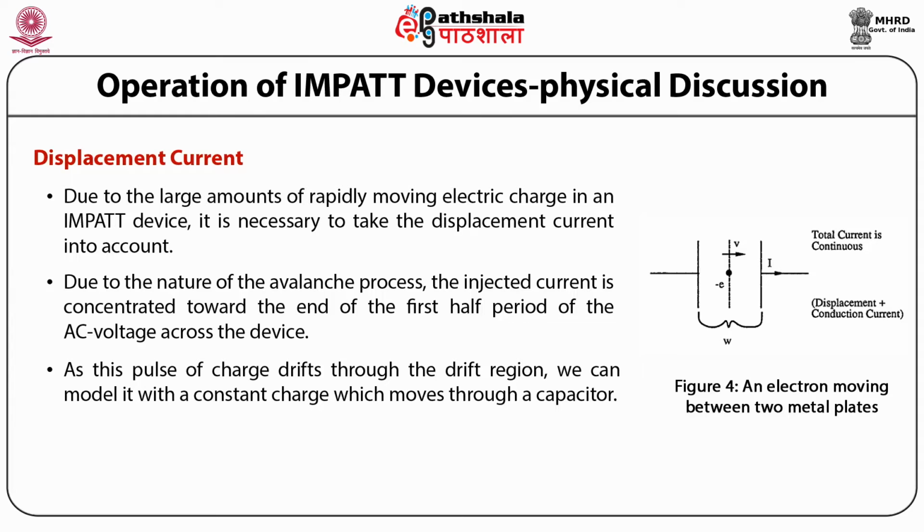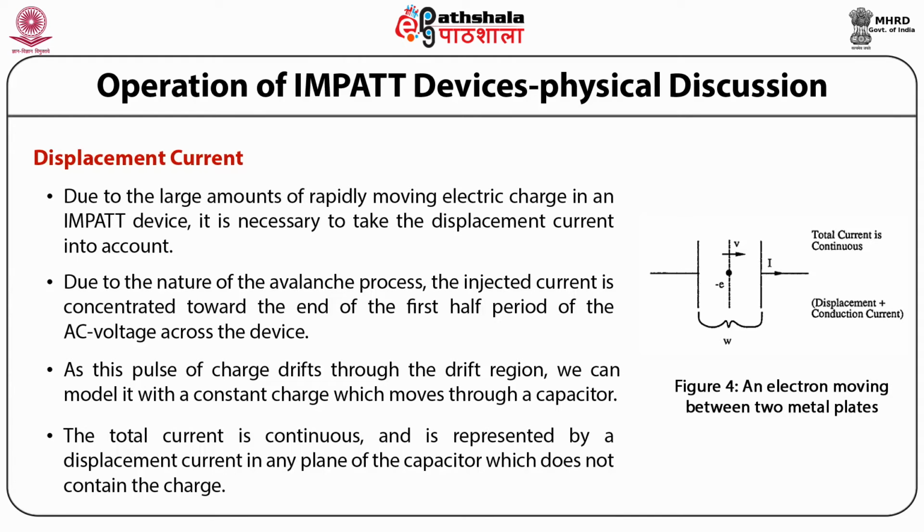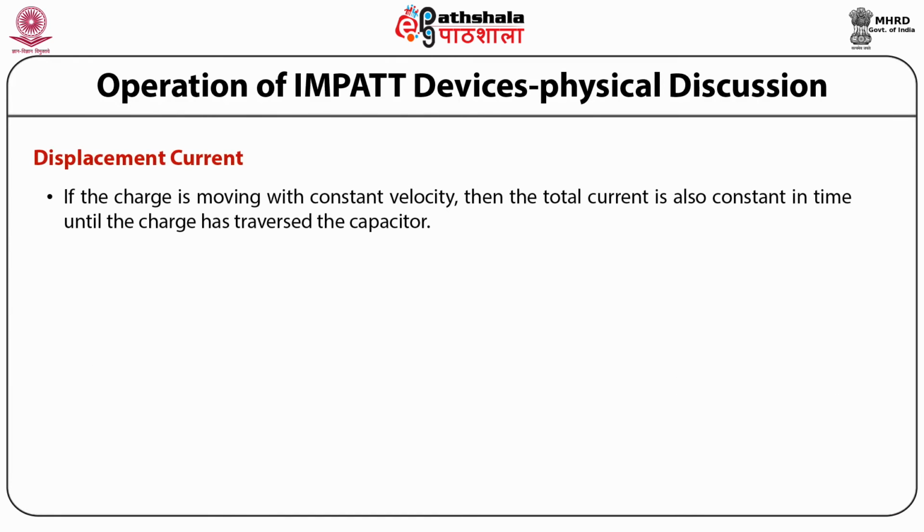moving through a capacitor. So students, the total current is continuous in general and it is represented by a displacement current in any plane of the capacitor which does not contain the charge as shown in this figure. If the charge is moving with constant velocity, then the total current is also constant in time until the charge has traversed the capacitor.